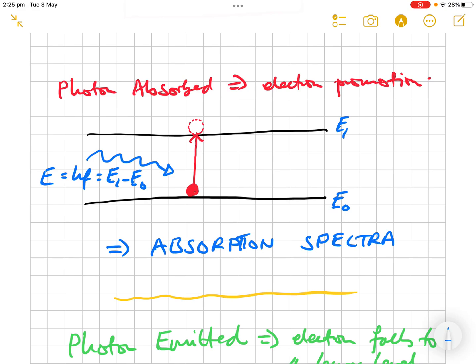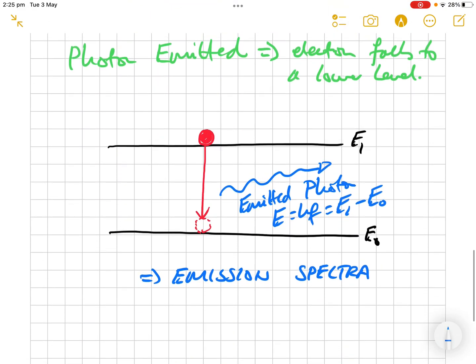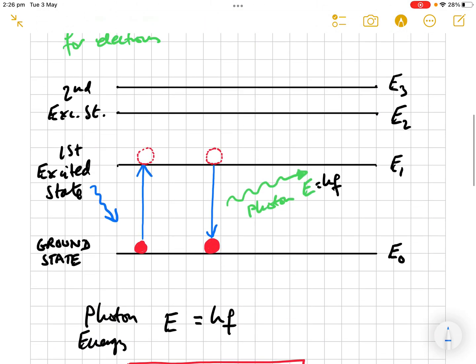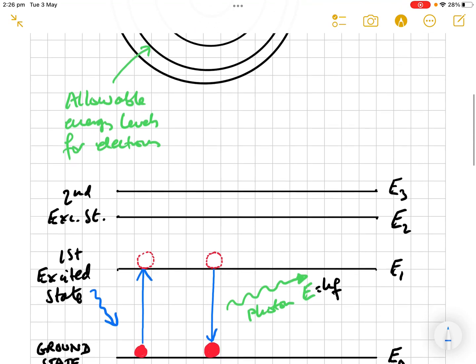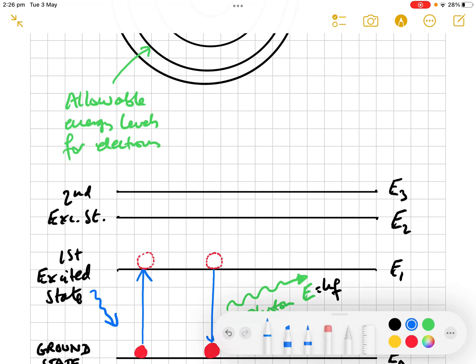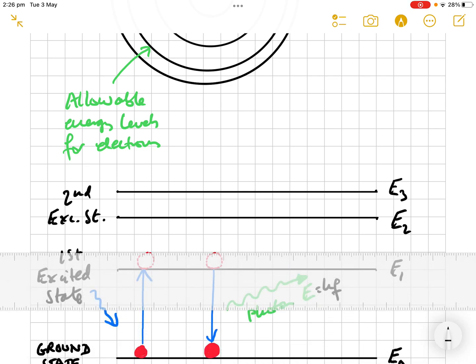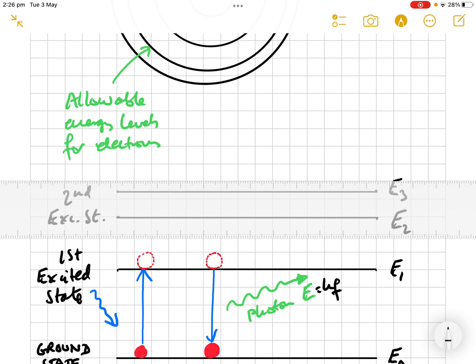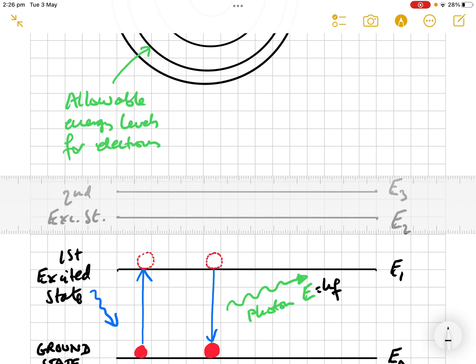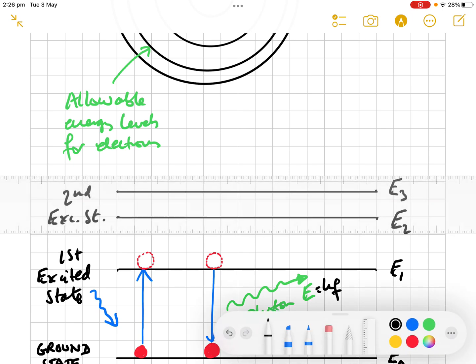So this is obviously the absorbed photon, and that's the emitted photon. Going back to our original diagram, when you get up to the top of the higher energy levels, the levels get very close to each other, but you eventually come to a limit.